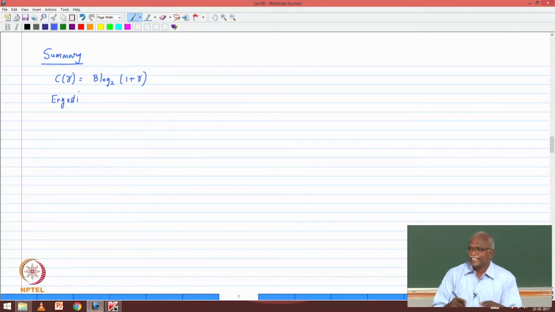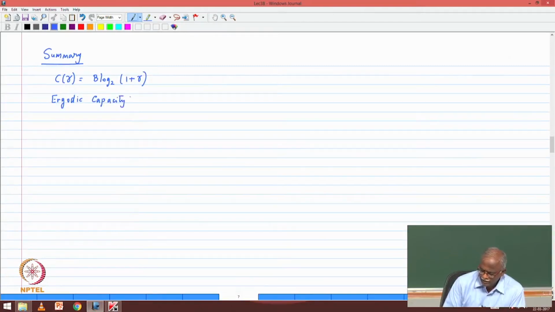So with that background, let's quickly summarize all the information that we have. This would be a summary of the key points that we want to take forward from here. We say that capacity is not a fixed number, it is a function of the SNR, B times log base 2 of (1 plus gamma), and ergodic capacity is a number which is the expected value of the capacity.